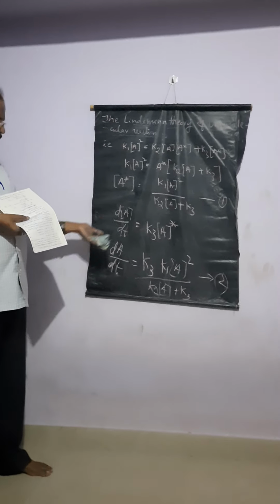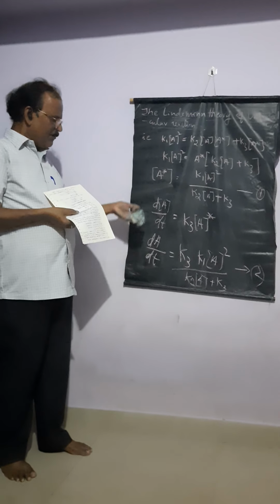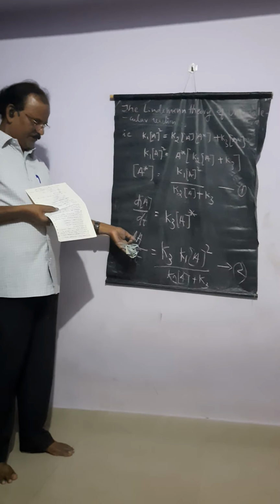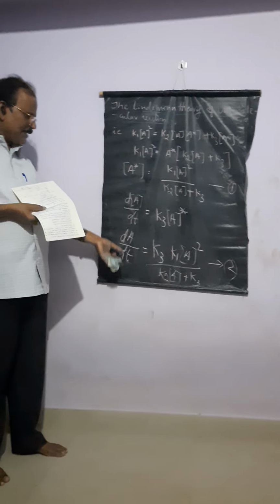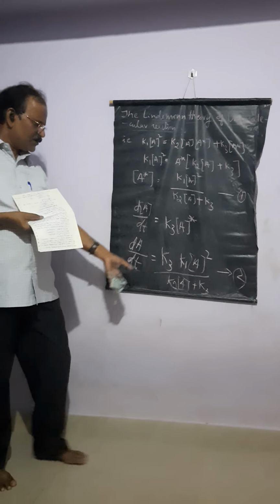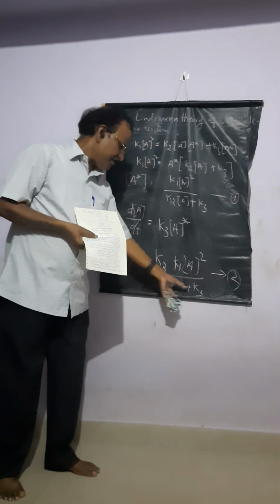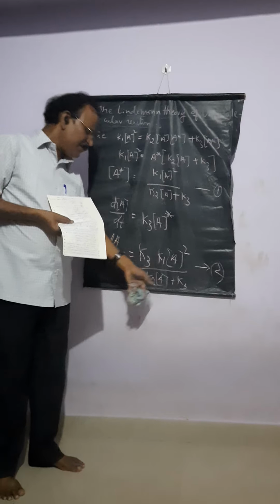the sum of the powers of the concentration terms which are used in the mathematically derived rate law expression. So the rate law expression is given by dA/dt is equal to K3 K1 A square divided by K2 A plus K3. So here there is a concentration term in the denominator also.